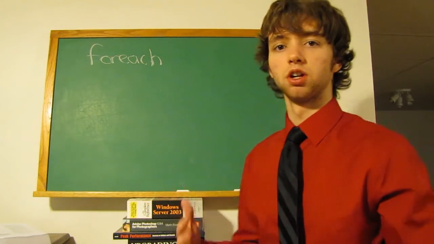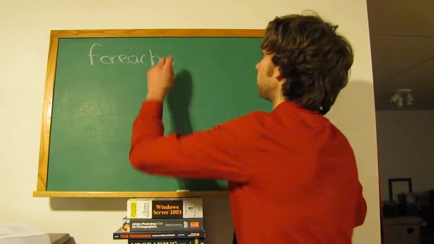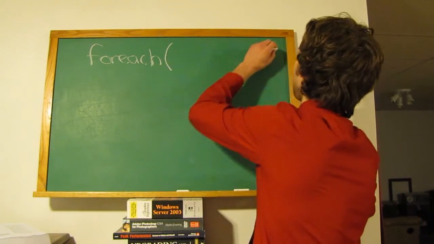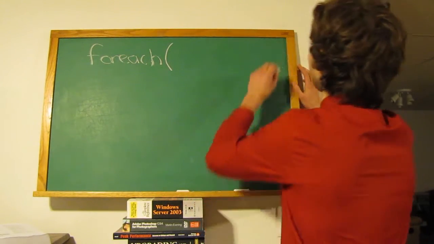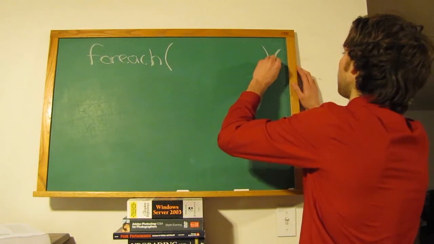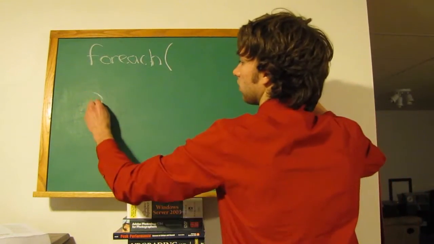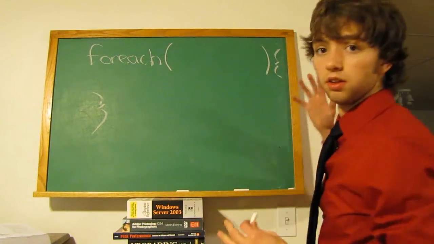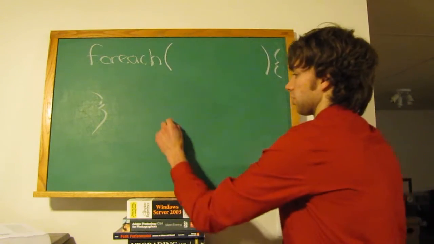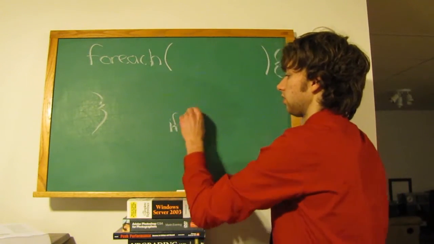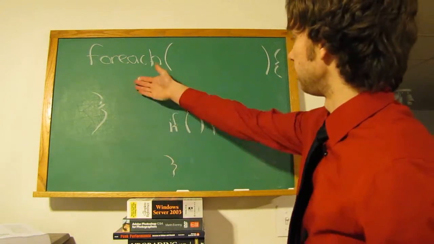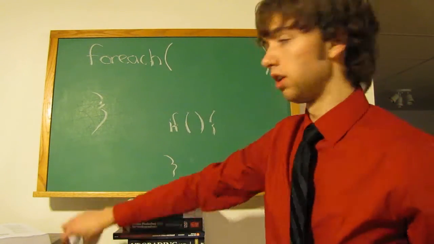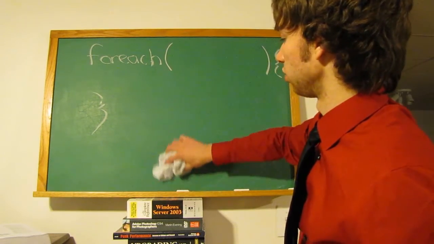But yeah, foreach. Now, within parentheses, we add something. Actually, we're probably going to need more. All right, so here's what it looks like. Similar to any other control structure, such as an if, you see the same structure of parentheses and curly braces.